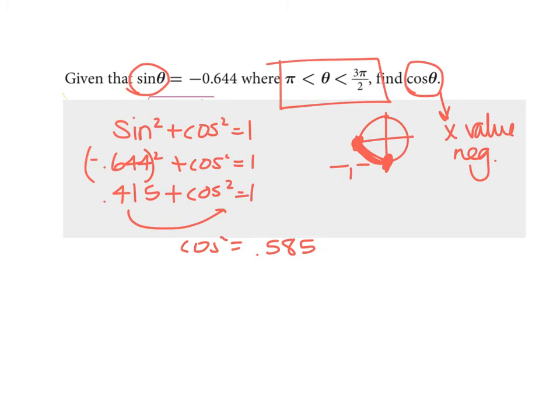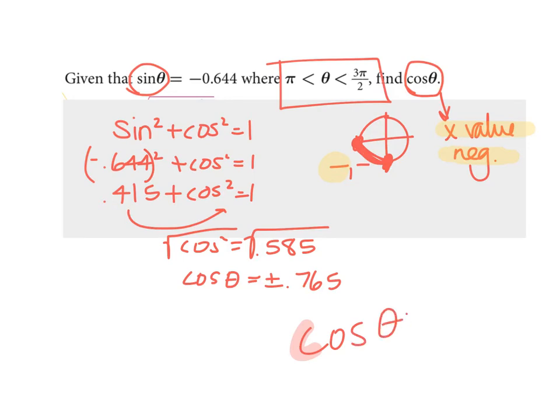Now all I have left to do is undo the squared, so I take the square root. That tells me cosine is plus or minus 0.765. Cosine is the x value, and it should be negative because the x value here is negative. So my final answer is that cosine is negative 0.765.